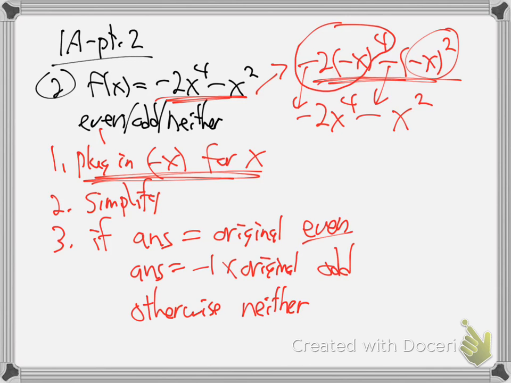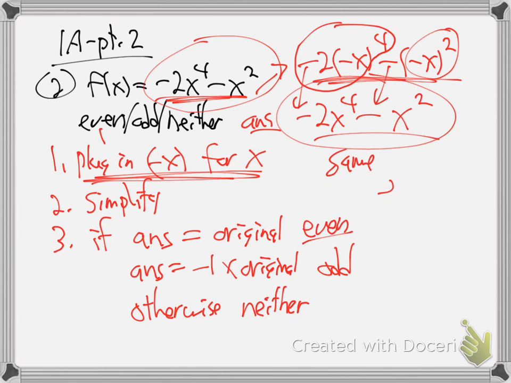If they were odd, they would stay. So there's the simplified answer. How does that compare to the original? Same. So it's an even function. And even comes from x squared, x to the fourth, even powers, we're not surprised.